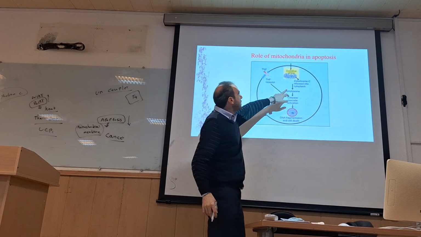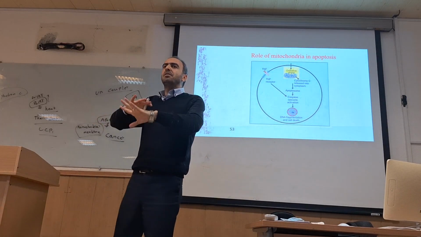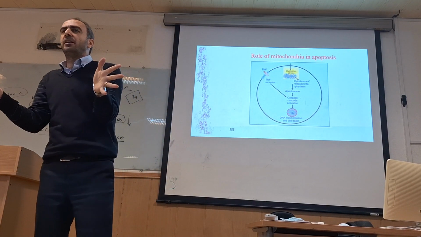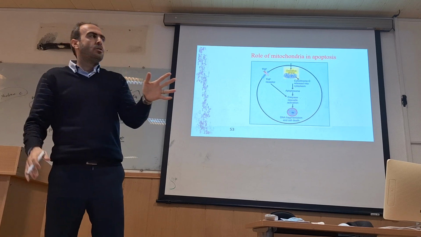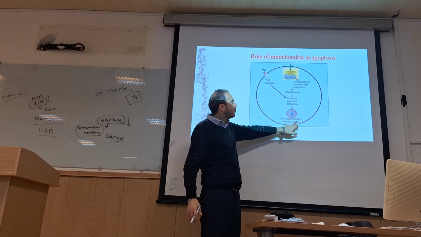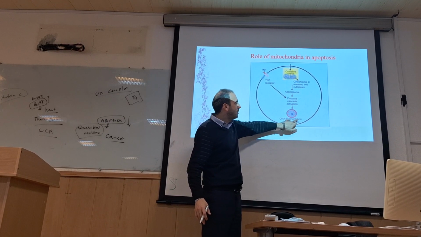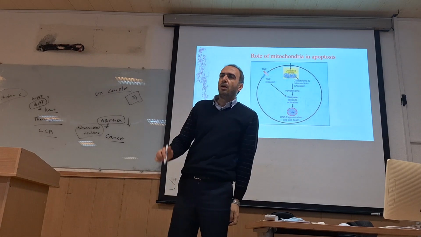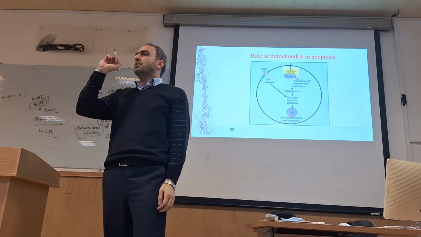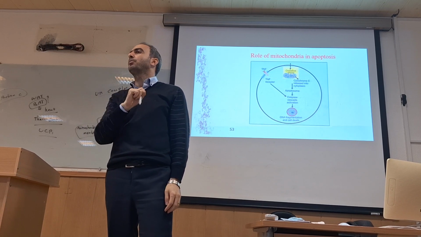If cytochrome C is released in the cytoplasm, it means the integrity of the mitochondrial membrane is destroyed. So cytochrome C starts signaling, which finally leads to cell death, or apoptosis. So in apoptosis, cytochrome C is so important and triggers the apoptosis.